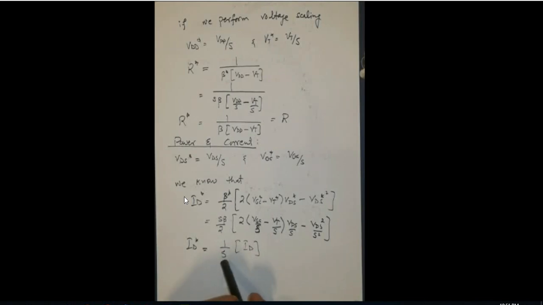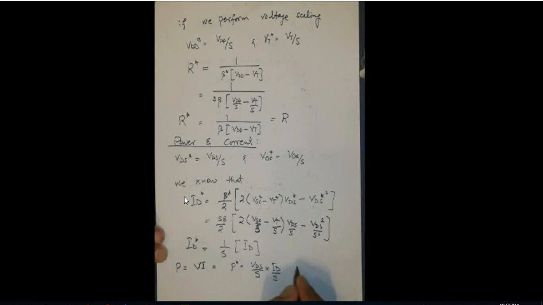And we can also find the power. Power P is equal to VI. We can put the values here. We have P star is equal to VDS by S multiplied by ID, and that is obviously equal to ID by S, which we have found here.